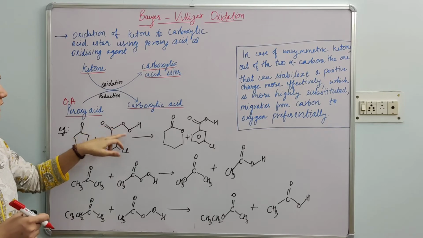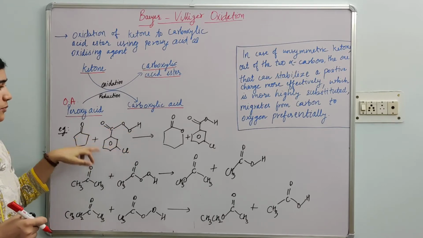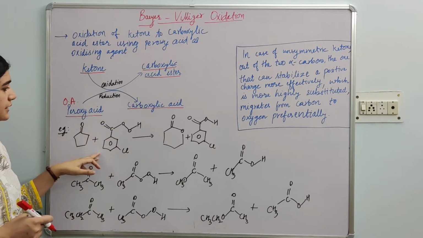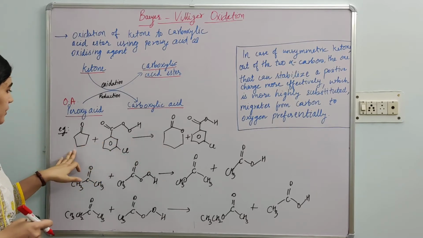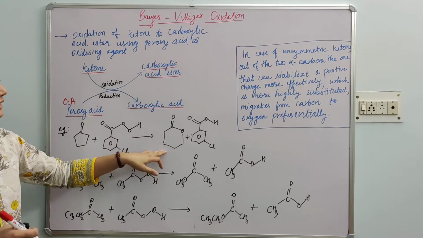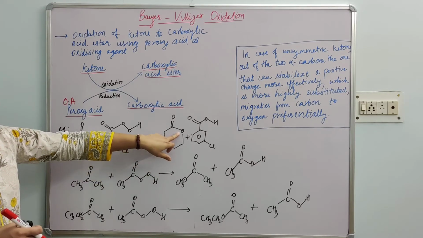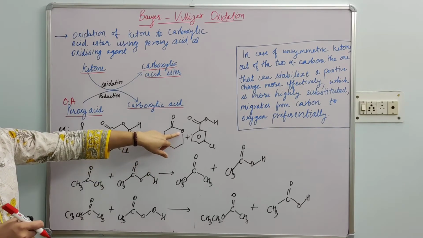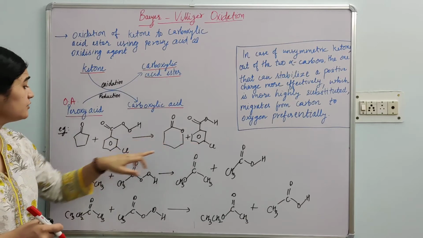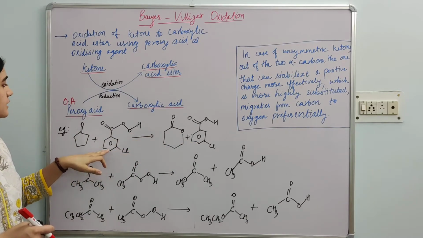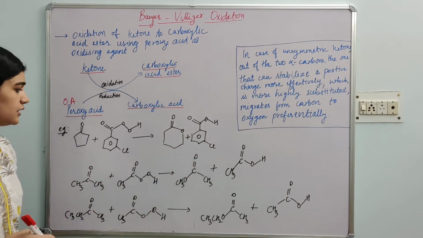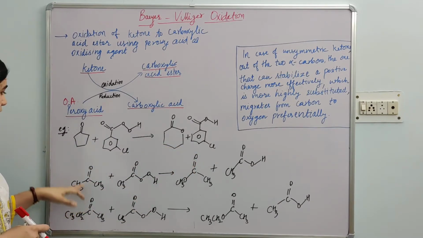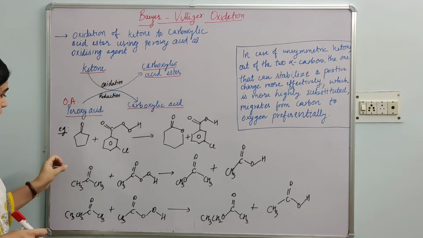It's a peroxo bond, so this is called a peroxy acid, and the ketone is getting converted from a 5-member ring to a 6-member ring, and this ring has incorporated an oxygen atom here, and our peroxy acid is being converted into carboxylic acid. So this is the conversion. This is a cyclic compound, a cyclic ketone.